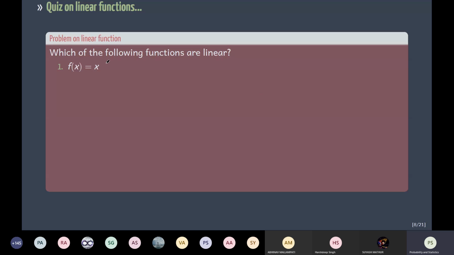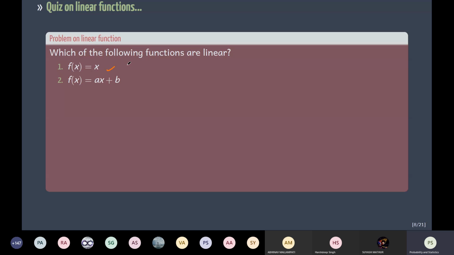Okay, anyway, so this turns out to be a linear function, and then is the second option a linear function? What do you think? Okay, so chat will never open. Let me continue.